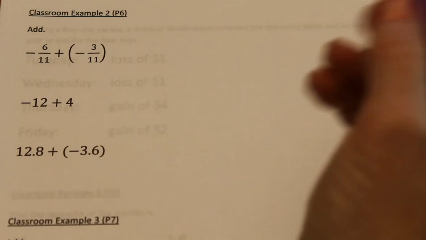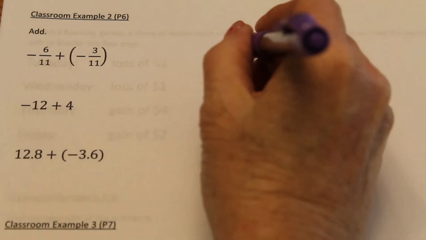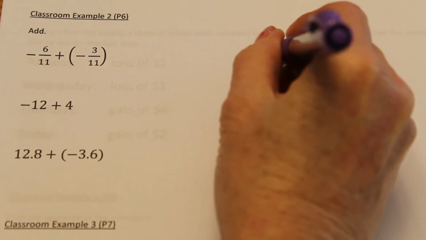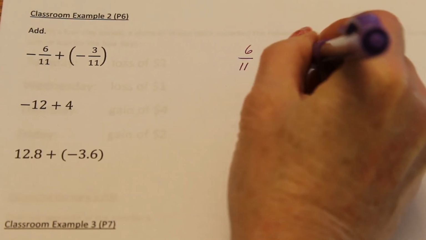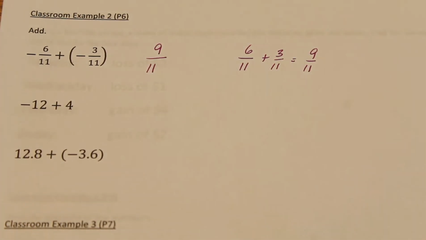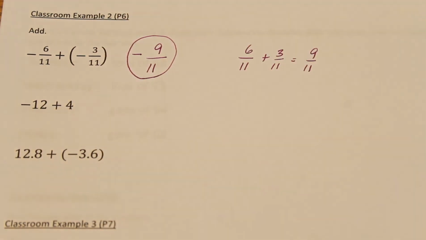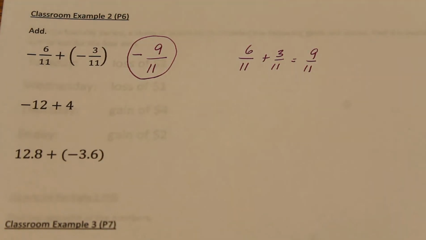They're both negative. So same sign you add. On the side over here, 6/11 plus 3/11 is 9/11. Same sign you add and keep the negative sign. Same sign, add and keep the sign.